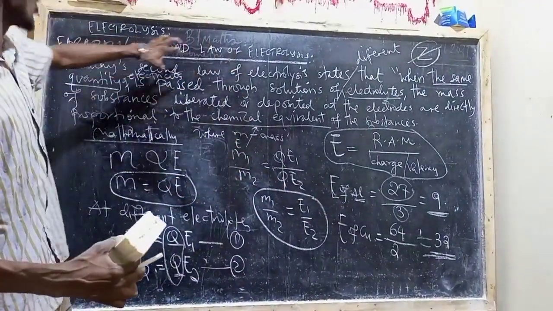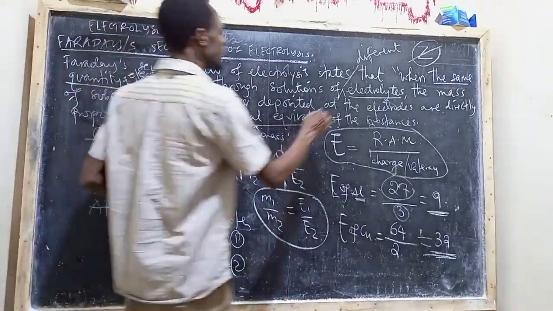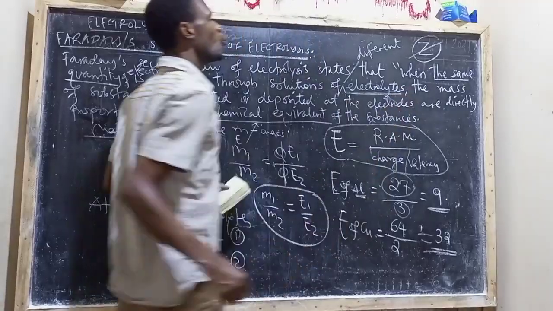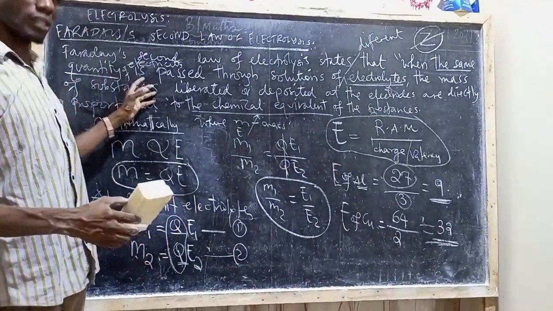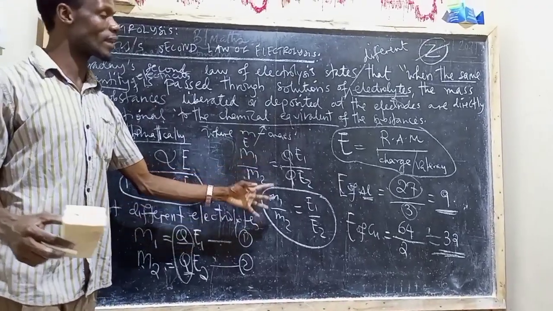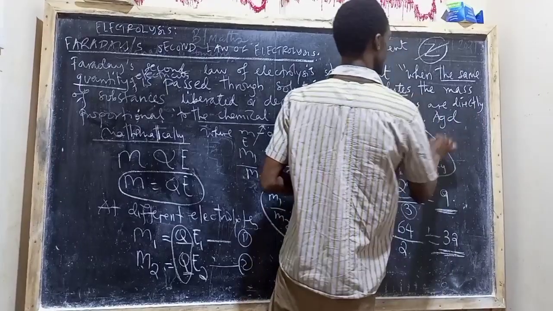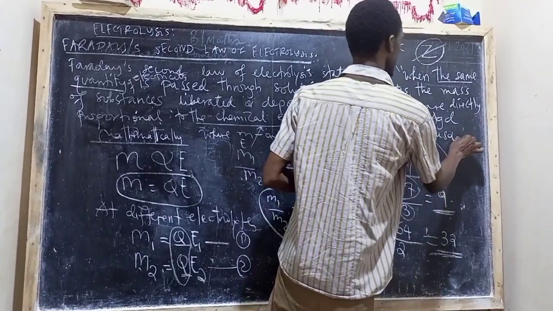But this law is very important when you are talking about different electrolytes with the same quantity of electricity passing through them. As I said before, we may consider silver chloride as an electrolyte and copper 2 sulfate as an electrolyte.